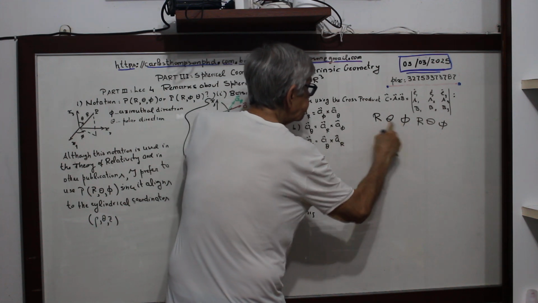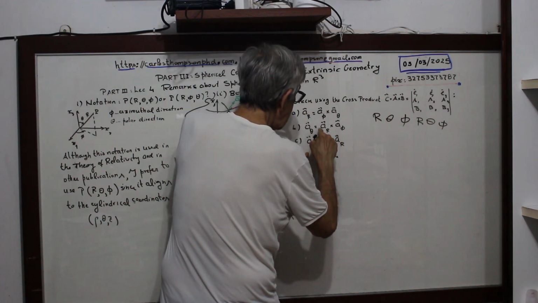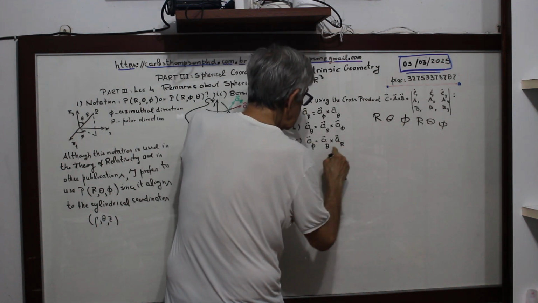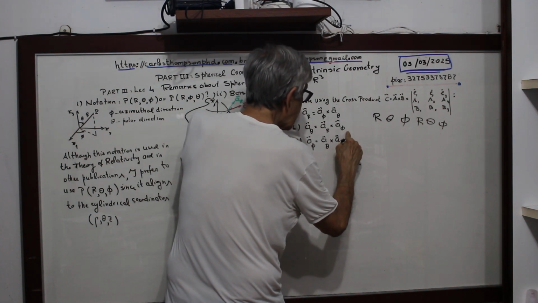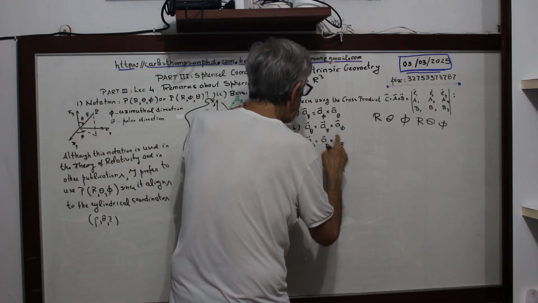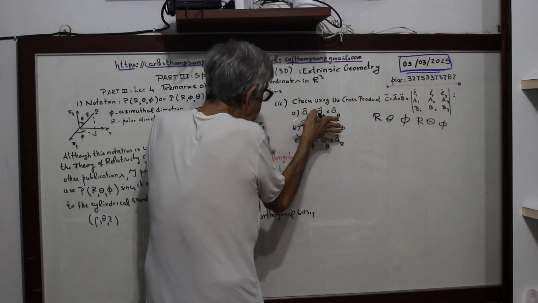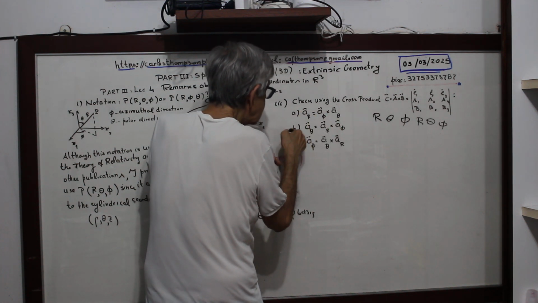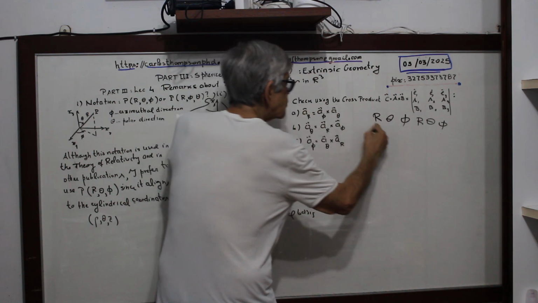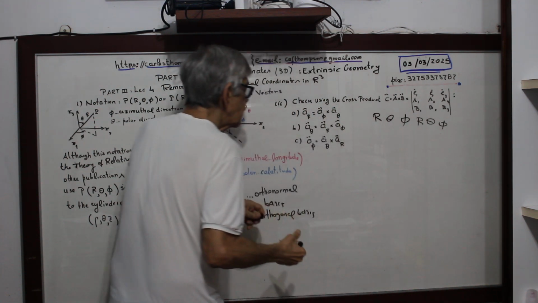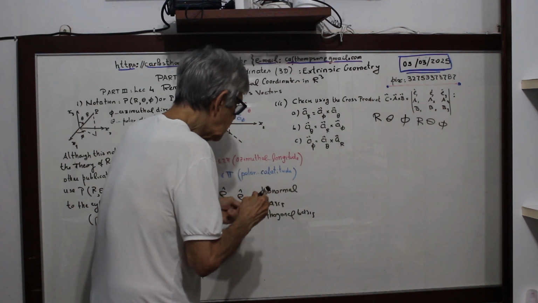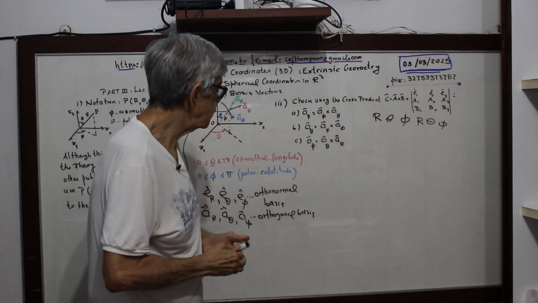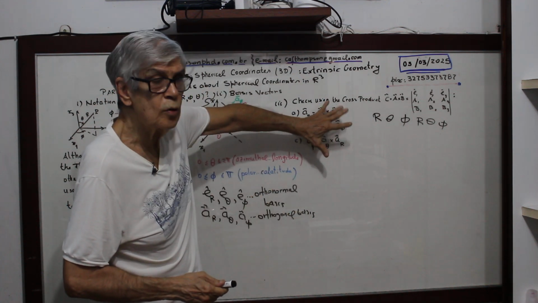After theta is phi, after r is theta, and after phi is r. You can write from here, just looking at this permutation. So that's it. Don't forget to check this, a good exercise.